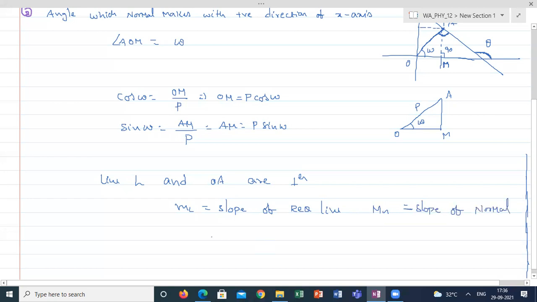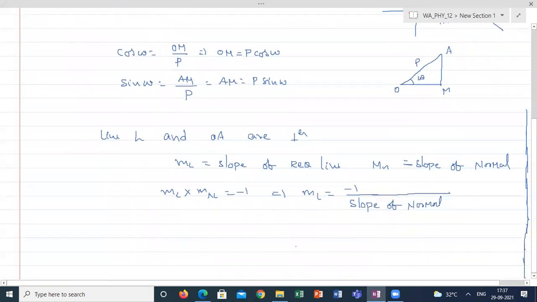Both are perpendicular to each other. So from the discussion, if two lines are perpendicular to each other, the product of the slopes should be -1. From here, the required line's slope will be equal to -1 by the slope of the normal. They gave the angle, so it is very easy to say the slope of the normal is tan omega. ML is equal to -1 by tan omega.